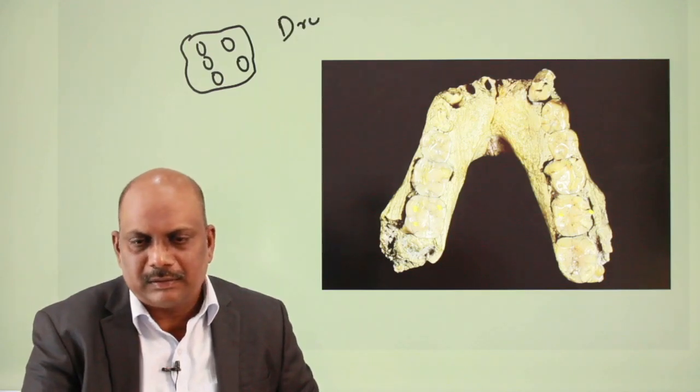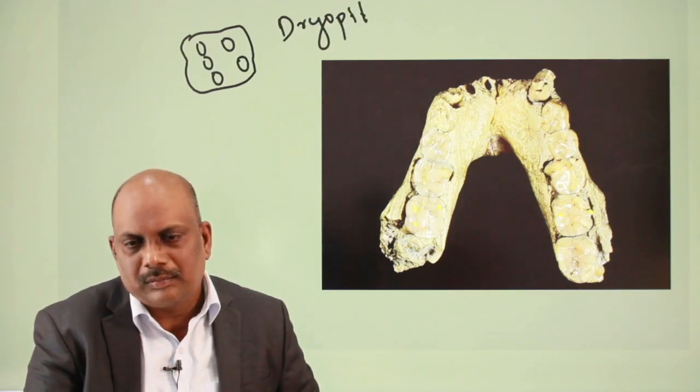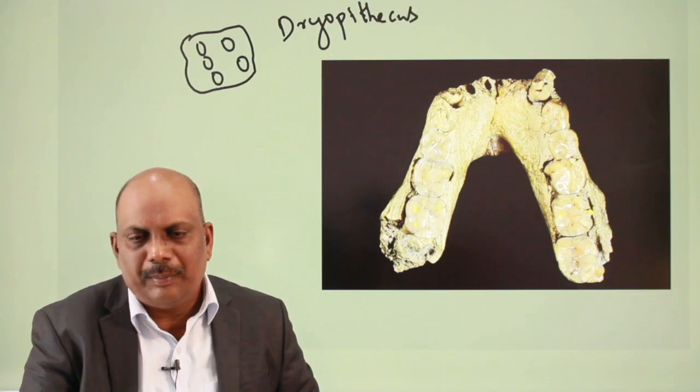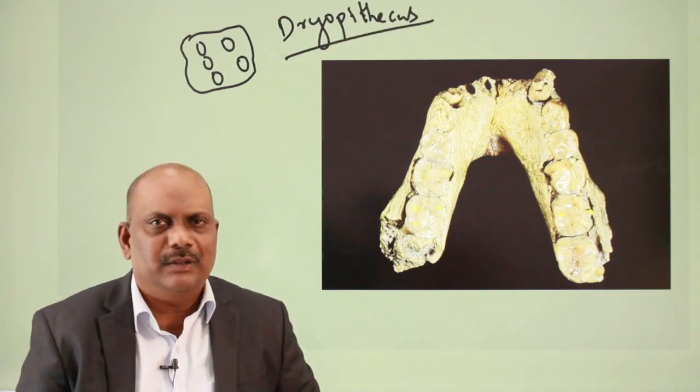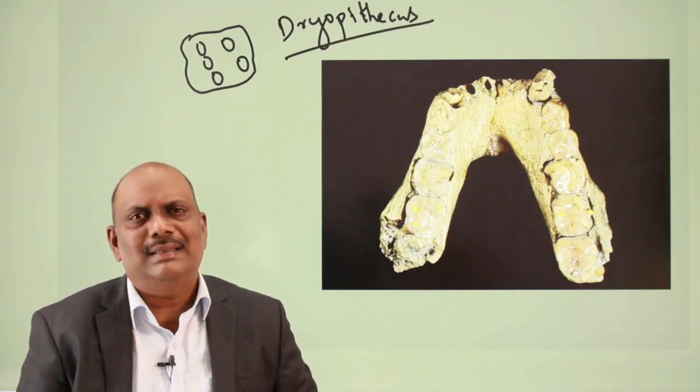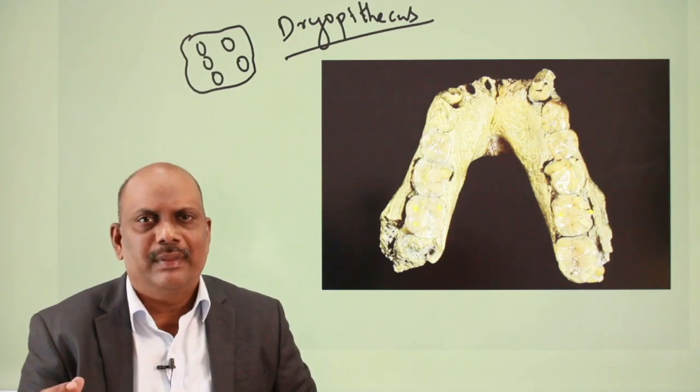So for human beings, on the topmost portion of the teeth, there will be 5 cusps. 1, 2, 3, 4, 5, like this. But for the primitive apes like Dryopithecus, which lived some 7 million years ago, this Dryopithecus had Y5.